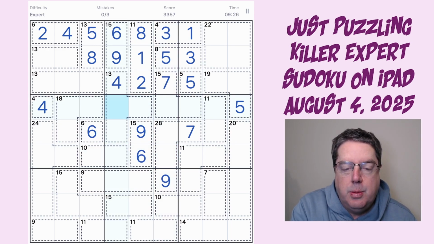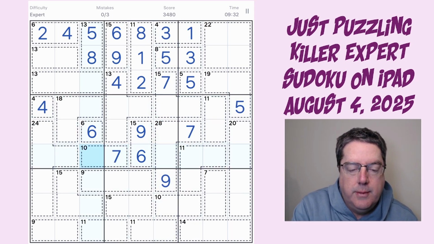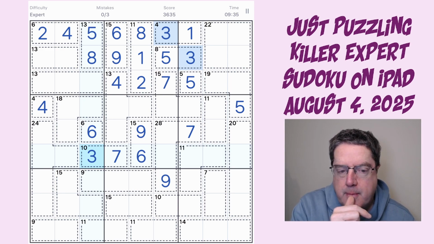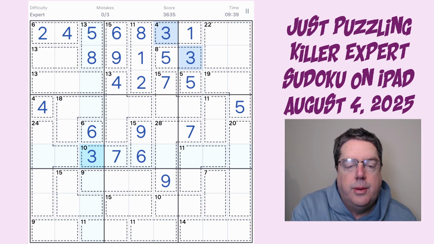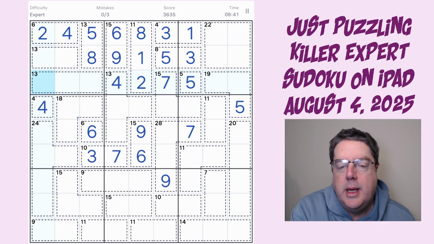7 can't be in this one because that'd be too high. 7 can't be in this one. 7 can't be in this one, so that's a 7 there, leaving this to be a 3. So 3 is one of these. 1 and 3 is there. 6 and 7, 2 and 4.